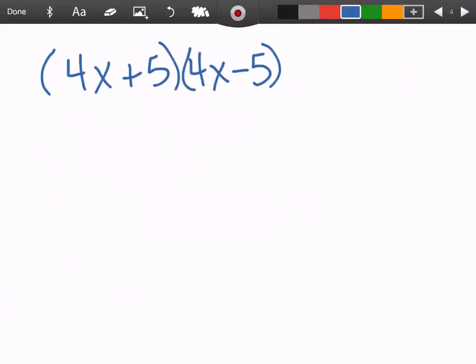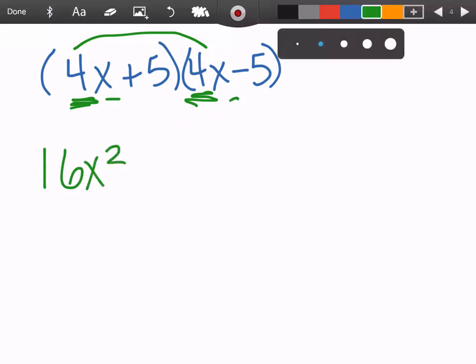And then this one, you would do the same way. You're going to multiply the first terms. You're going to double distribute. You could use the box method if you want, but you can take 4x times 4x. We have to be careful because you're taking 4 times 4, which is 16, and then x times x, which is x squared.